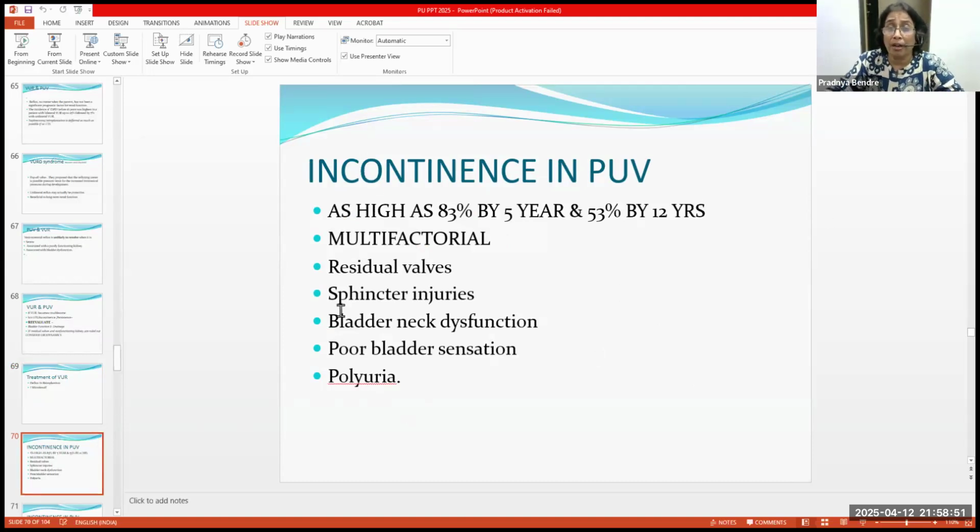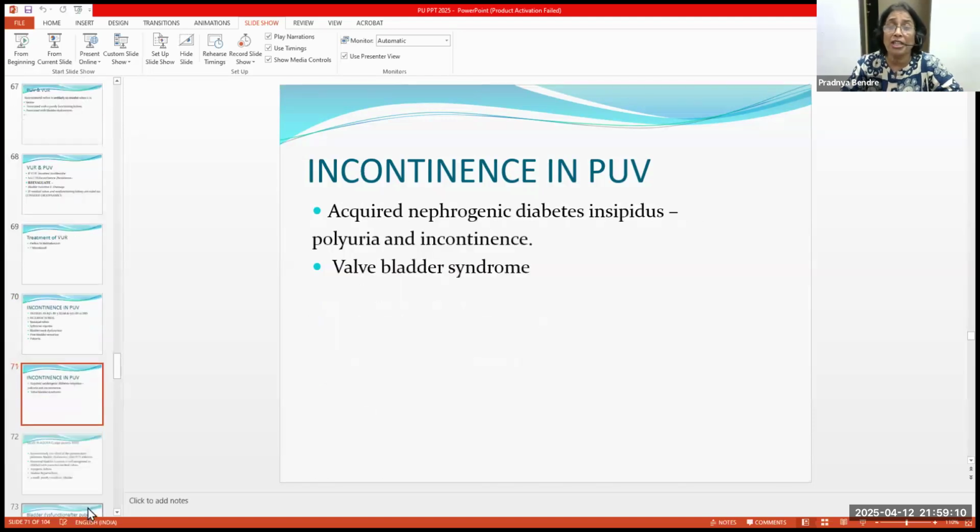Another problem in posterior valves is that some children come back with incontinence again and again. The reasons would be residual valve, sphincter injuries, bladder neck dysfunction, and polyuria. Here the nephrology role is more important, and it is extremely difficult to treat this incontinence in posterior urethral valves. There may be acquired nephrogenic diabetes insipidus.